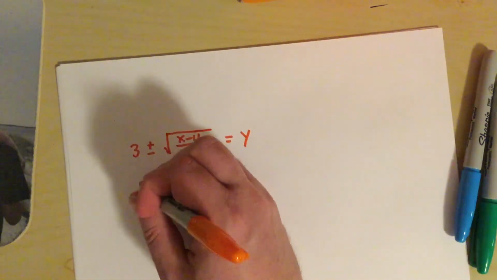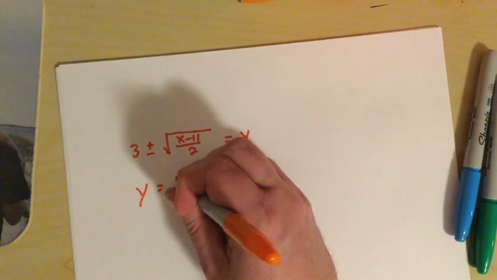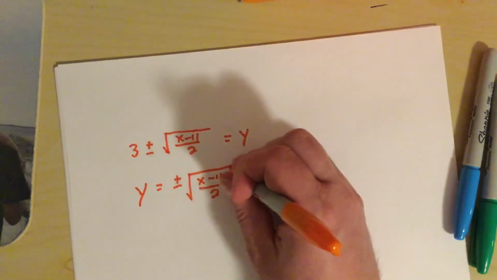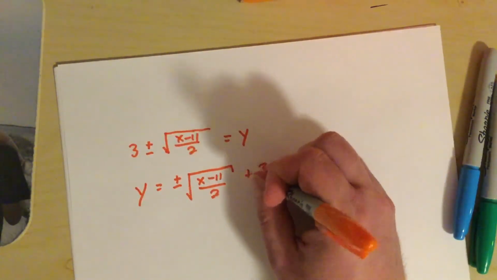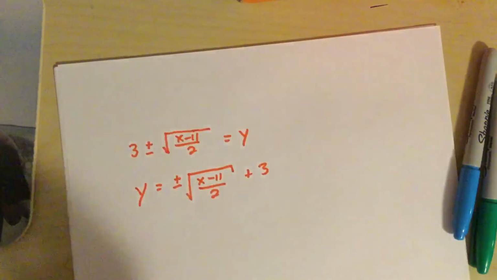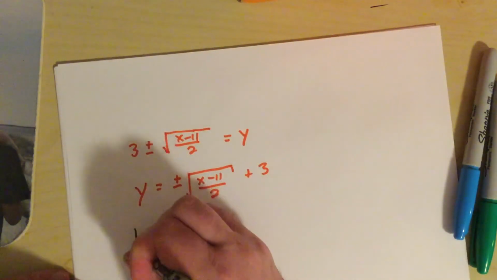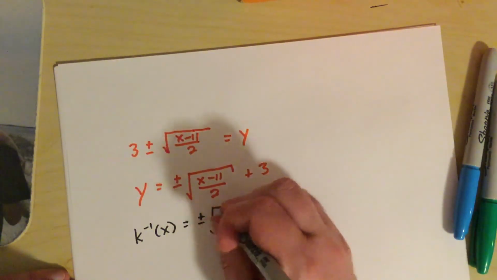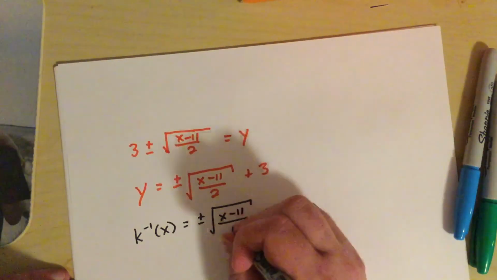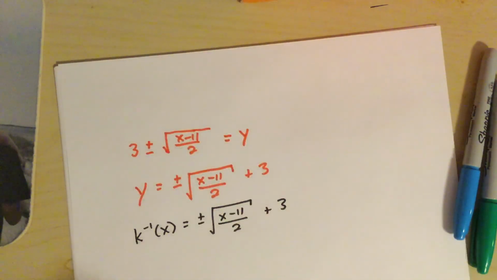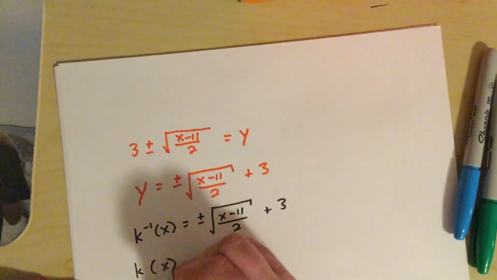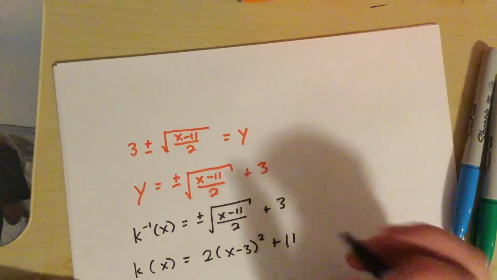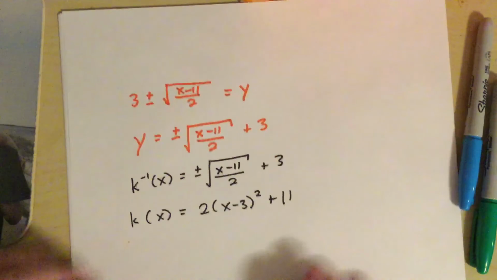Or to write it another way, I could say that y equals plus or minus the square root of x minus 11 over 2, plus 3, which I should probably write as the inverse function. So the inverse function is plus or minus the square root of x minus 11 over 2 plus 3. And that was the inverse function of 2 times x minus 3 squared plus 11. That's all.